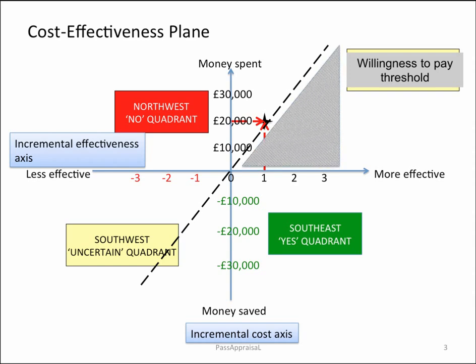The area below this line is called a zone of acceptable cost effectiveness. This area can increase or decrease depending on the willingness to pay threshold. If the ICER for any new treatment falls below this willingness to pay threshold line, then we can consider this intervention to be acceptably cost effective.